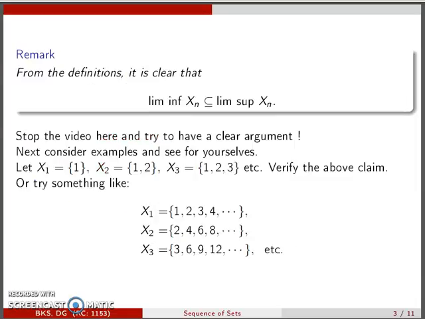From the definition, it is clear that lim inf xn is a subset of lim sup xn. Remember, lim inf consists of points that belong to all but finitely many. That means if x belongs to lim inf xn, then x belongs to all the xn but finitely many.